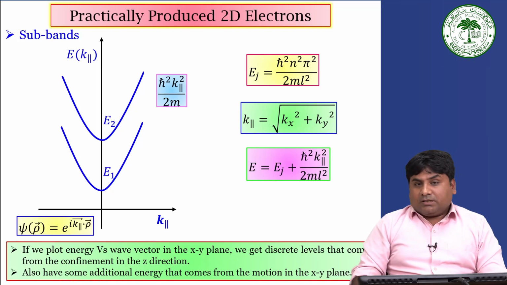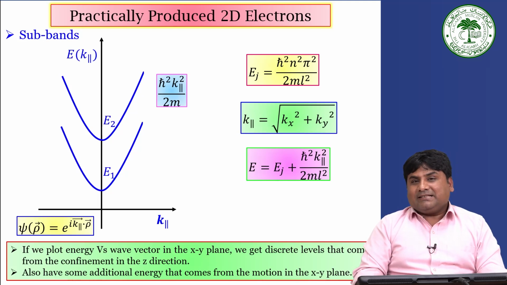These are the features of the subbands. If you plot energy versus wave vector in the xy plane, you get the discrete levels that come from the confinement in the z direction, and you also get some additional energy that comes from the motion in the xy plane.